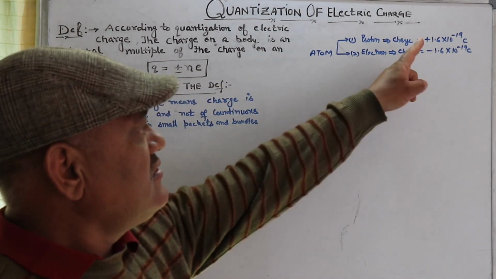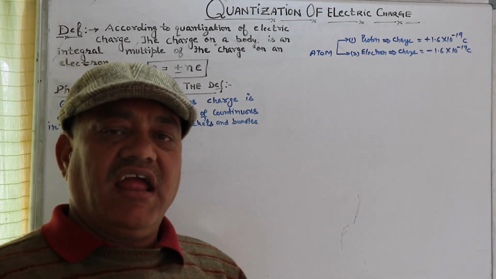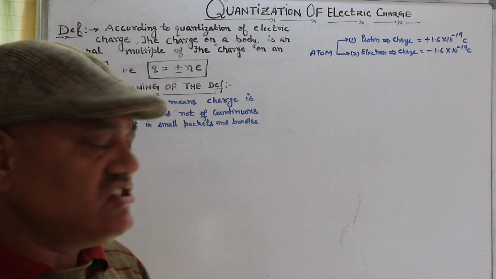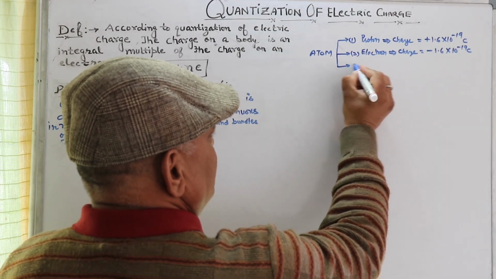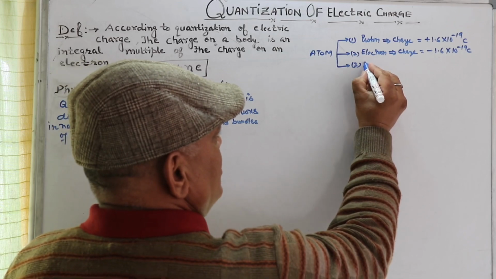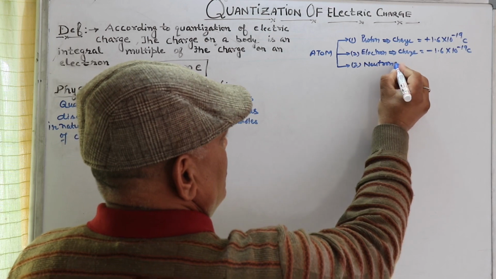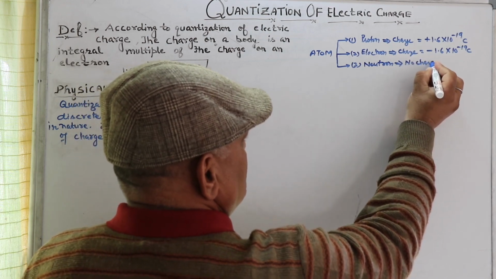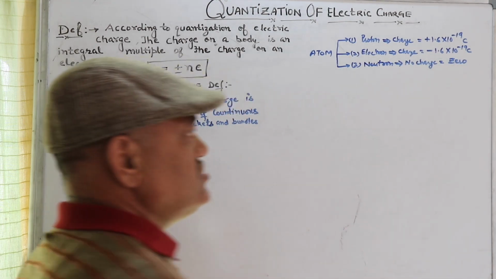From here we find that electron and proton have equal and opposite charge, and the third particle inside the atom is the neutron, which has no charge, that is zero charge.